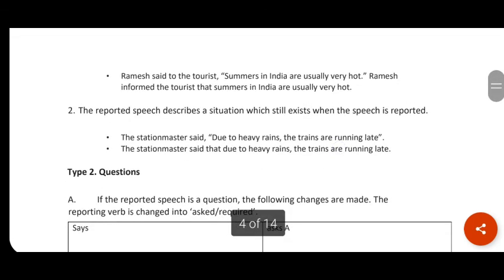If the reported speech describes a situation which still exists when the speech is reported, the tense of the reported speech remains unchanged. So I hope you have understood how to change a statement from direct speech to indirect speech.